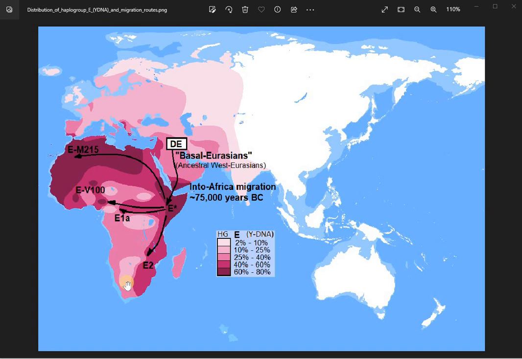You see that E is less present here, and again it's more present where it had most contact with the Mediterranean, Western Europe, and with the Middle East and Eastern Asia. As said before, this is occupied by C.